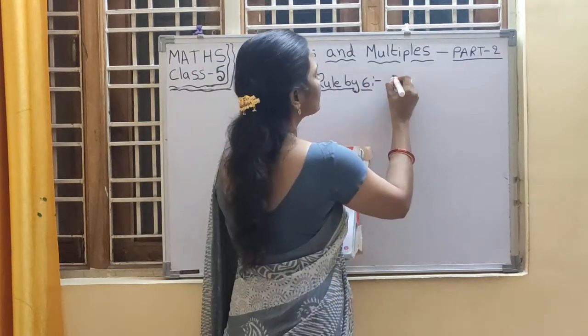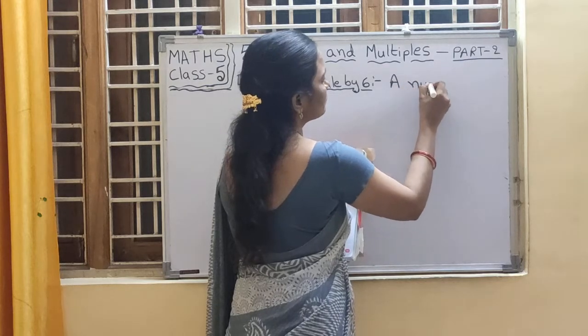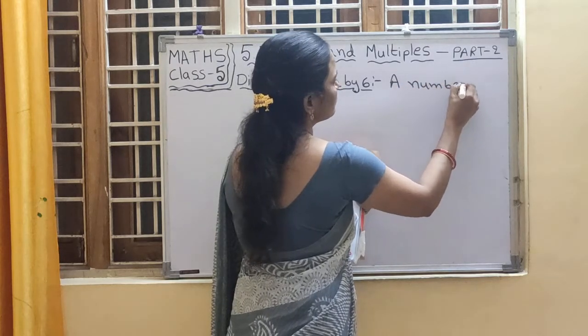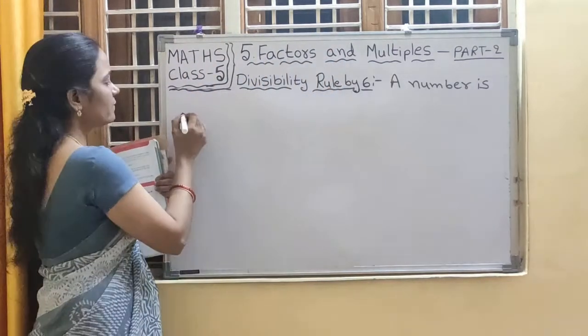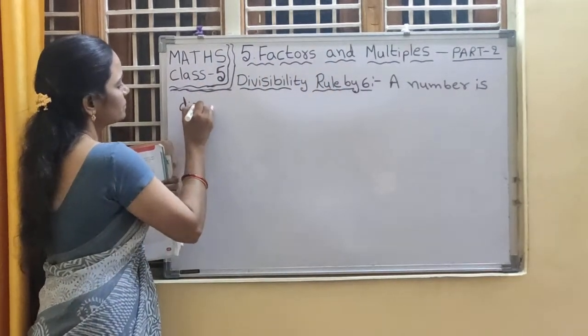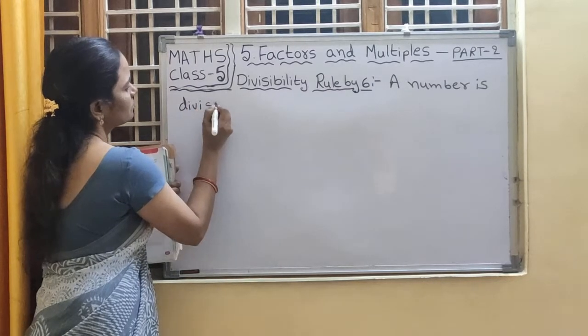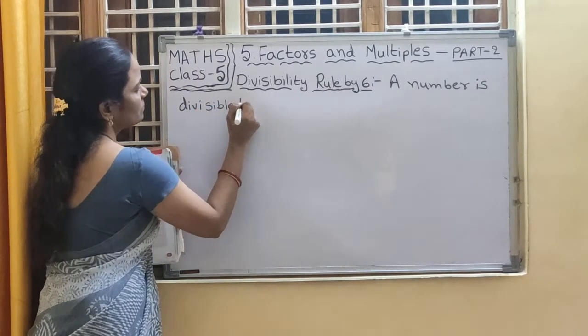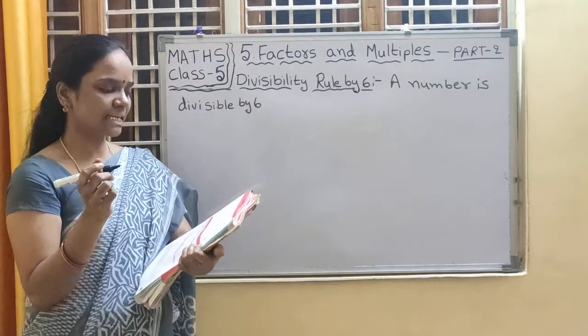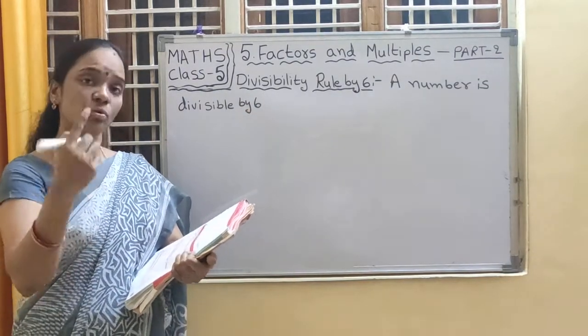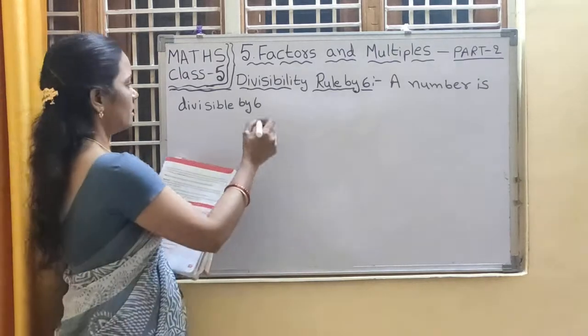A number is divisible by 6 if it is divisible by both 2 and 3.